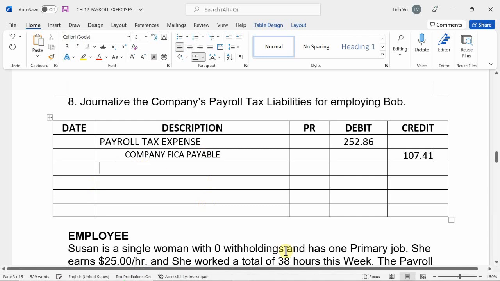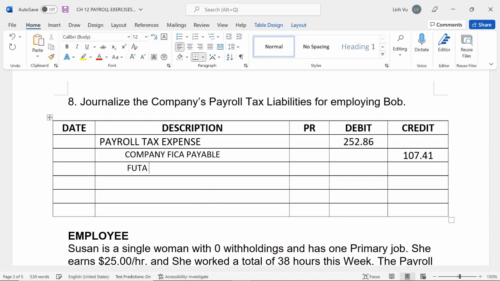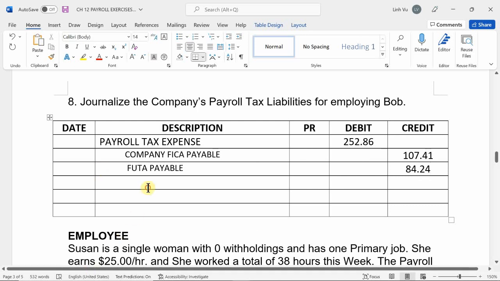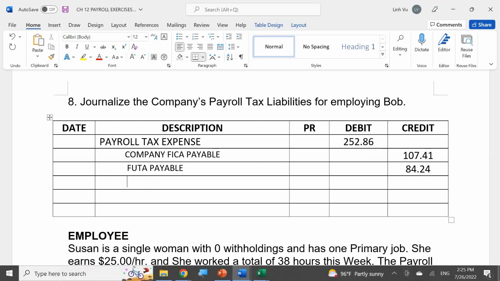What's next? The next one is the company FUTA payable. That's $84.24. Okay. And then SUTA payable. It's $42.12, because it's half of the FUTA.